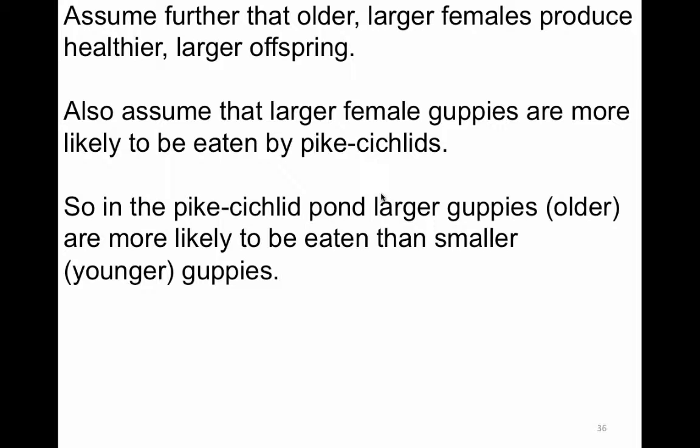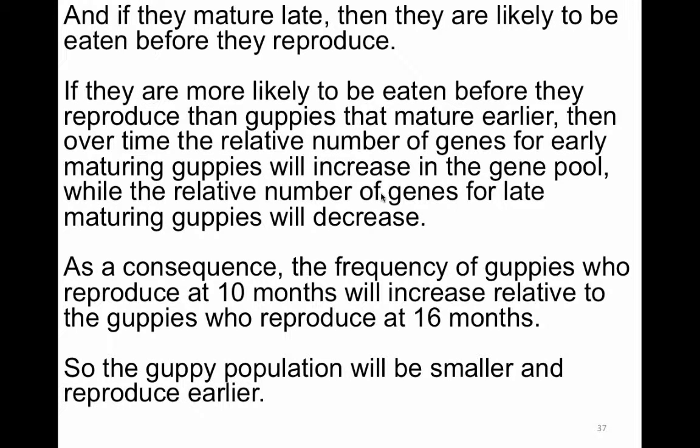Also assume that larger female guppies are more likely to be eaten by pike cichlids. So in the pike cichlid pond, larger guppies are more likely to be eaten than smaller guppies. And if they mature late, then they are likely to be eaten before they reproduce.